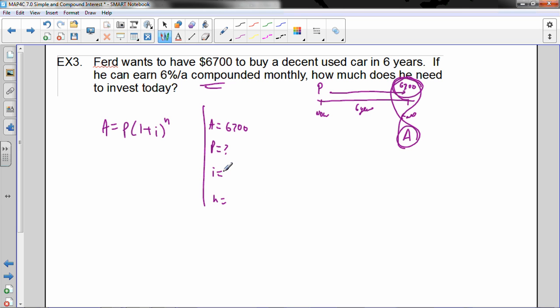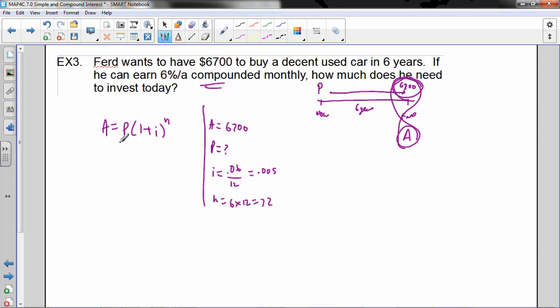And so, in fact, this is a little bit backwards from what we were used to. Notice the 6%, 0.06, divided by 12, because of monthly, 0.005. N is 6 years, but 12 times a year, 72 interest periods. And now I want to solve for P. Now notice that this is kind of like those formulas we were working with last chapter.